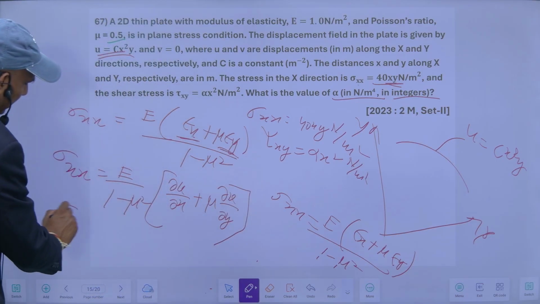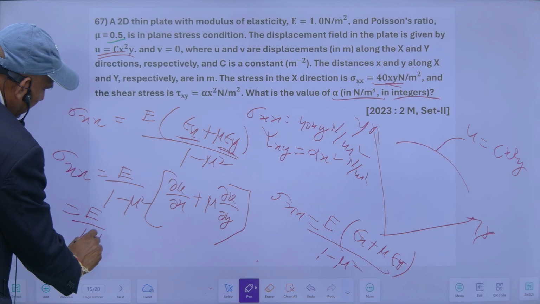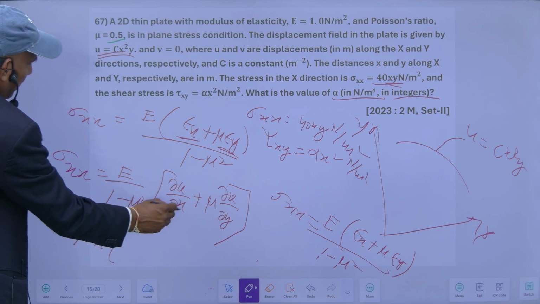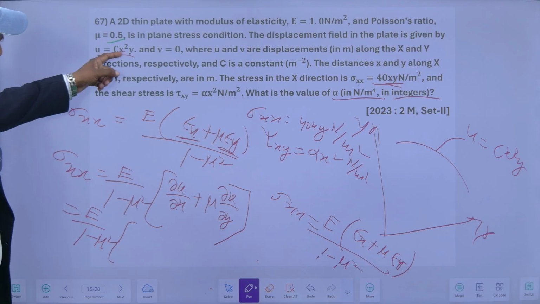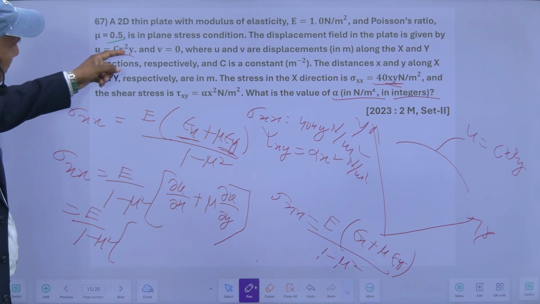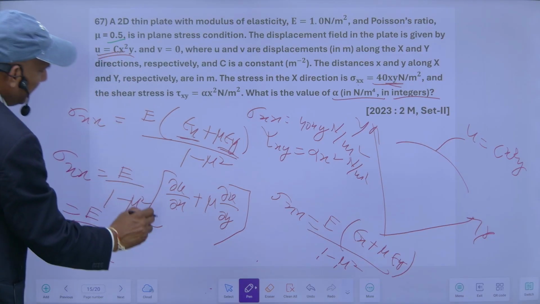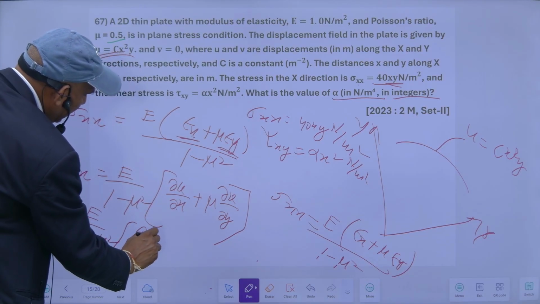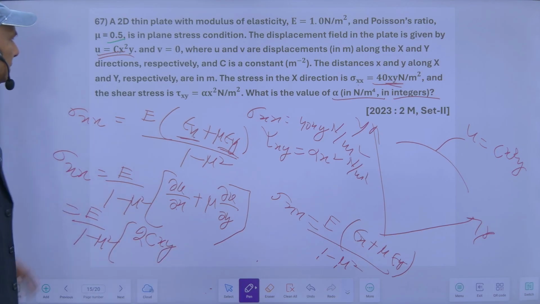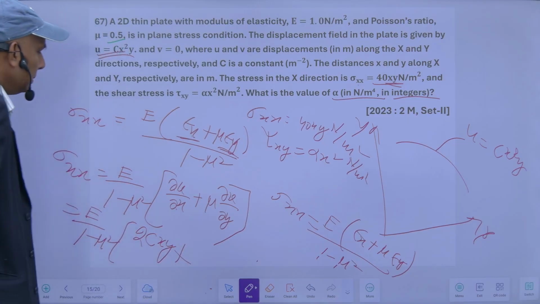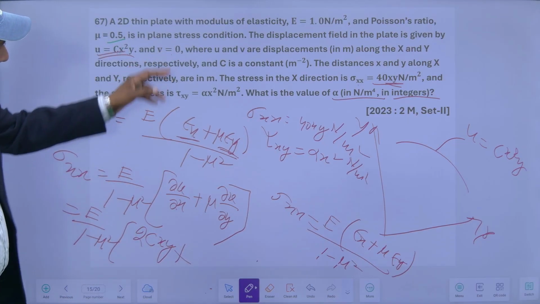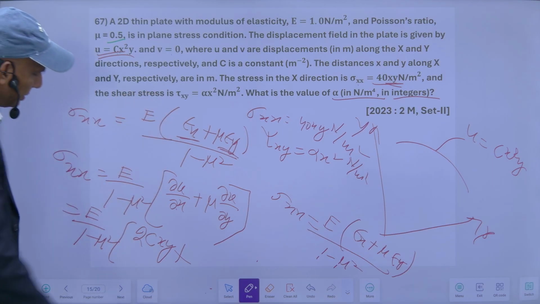So it will be equal to E upon 1 minus mu square times this. If I take the partial derivative of u with respect to x, this will be 2cxy. Plus, v is zero, so its partial derivative will be 0.